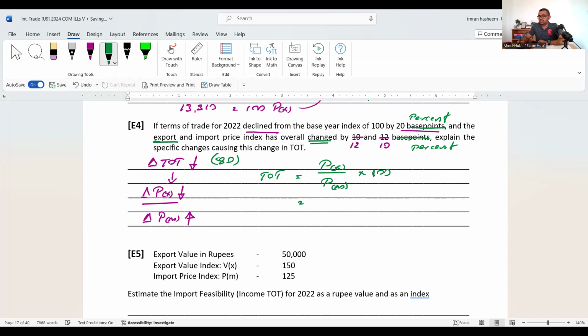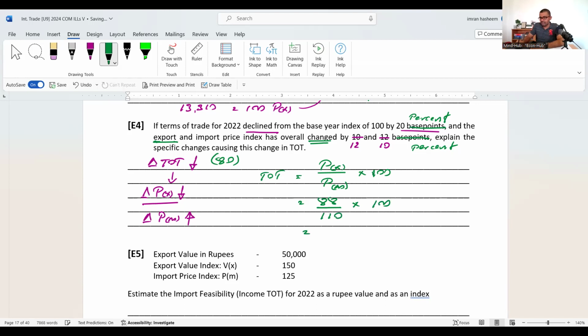Exports 12%. So remember here, export should decrease, theoretically, to explain this. So 100 minus 12, 88. I'm going to take exports as 88, decrease. Imports should increase. So 100 plus 10, 110 multiplied by 100.